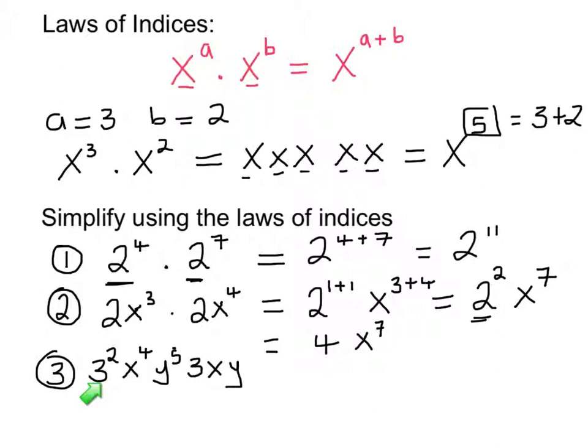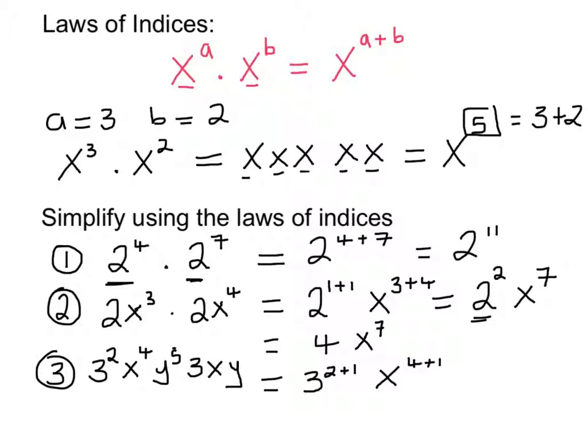So I've got a 3 squared here, and I've got a 3 to the power of 1 here. So if I simplify that first, I'll get that it's 3 to the power of 2 plus 1. Okay. Then if I continue on and look at the x's, x is to the power of 4, and this x here is to the power of 1 again. So here I've got x is to the power of 4 plus 1.